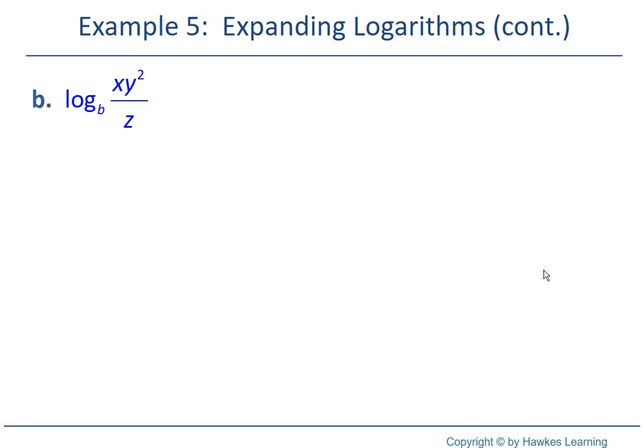All right, let's work on this one. And again, you can always pause and try things on your own. So this will be log base b. We're going to do this x first. X. Plus, since this is multiplication here, log base b of y, and I have to stick in this exponent in front here.